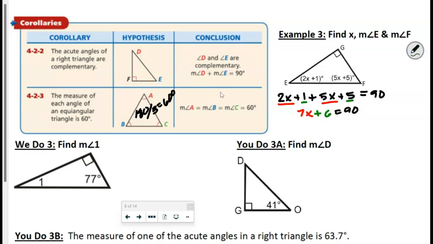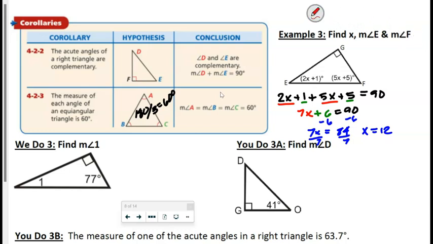So we are now going to subtract 6 from both sides. 7x equals 84. And hopefully you guys know that when you divide 7 into both of these, x equals 12. Now to find those angles, we're just going to plug that 12 back in, right?